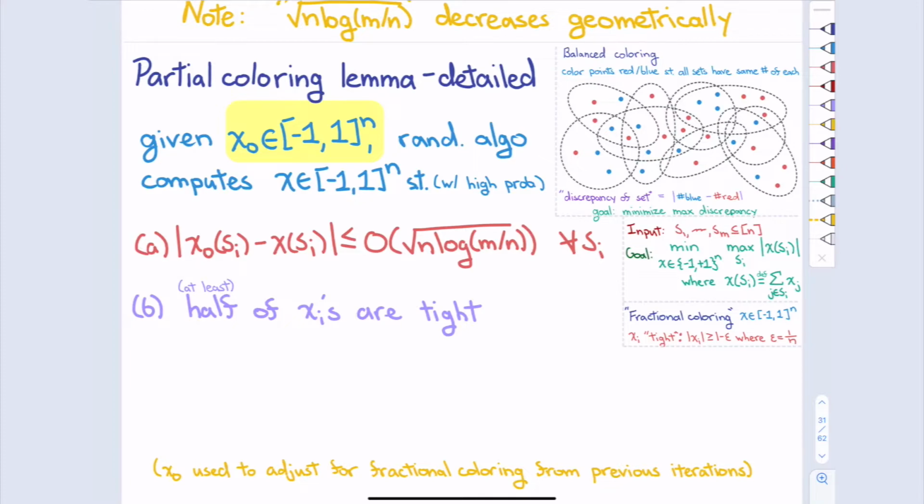And also half of the coordinates with respect to x are tight. So the only difference is that I'm introducing this x0. If you wanted to think of x0 as just the all zero vector, that'll be fine for the sake of understanding what's going on. That would also be the case for the first iteration of the partial coloring.